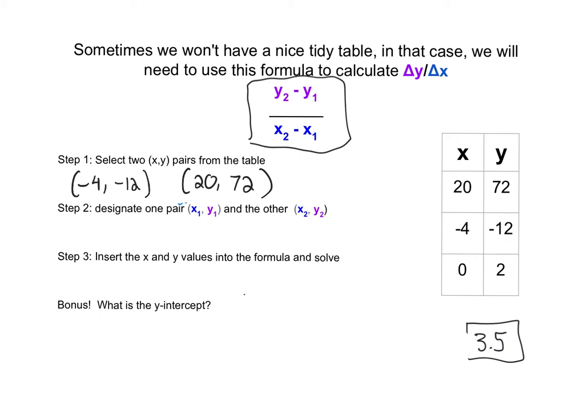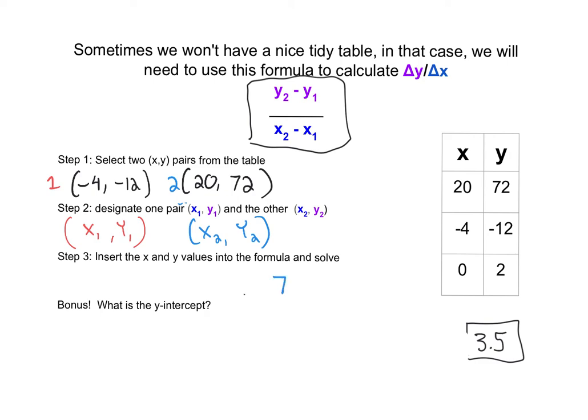All right, this time, again, I'm going to call these my first set. So my x sub 1 and my y sub 1. And then I will call 20, 72 my second set. So that's my x sub 2 and my y sub 2. And let's pop them in the formula. Okay, so in this case, y sub 2 minus y sub 1.